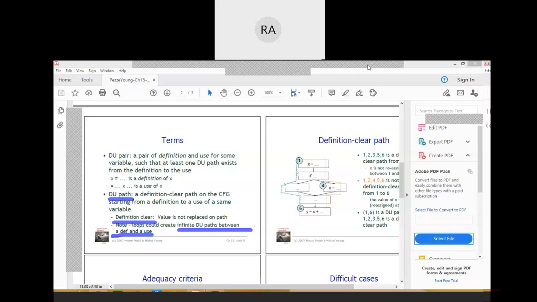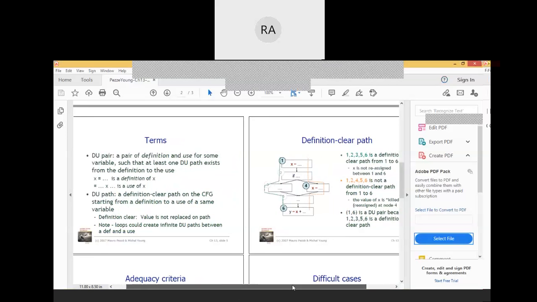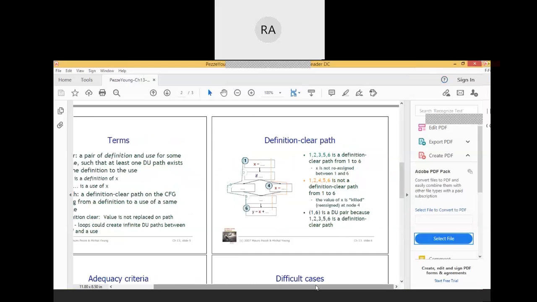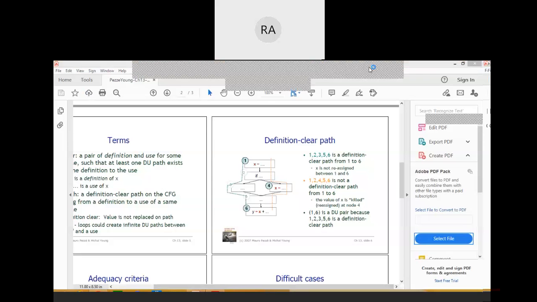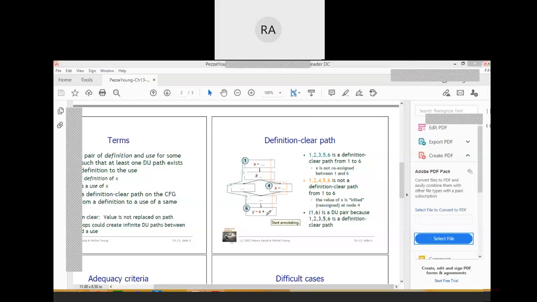After that, we have a simple example which will tell you about definition clear path. Let me consider the control flow graph over here. If you check, you basically have 6 nodes, and the nodes under focus are node numbers 1, 4, and 6.